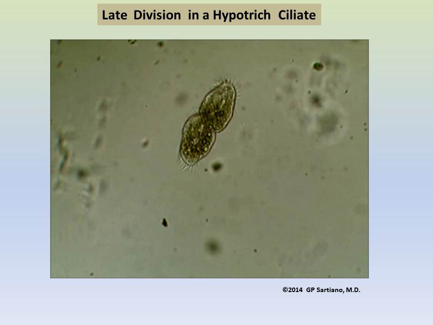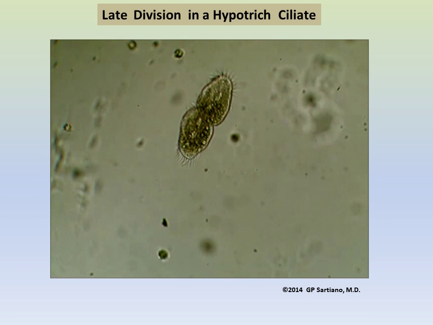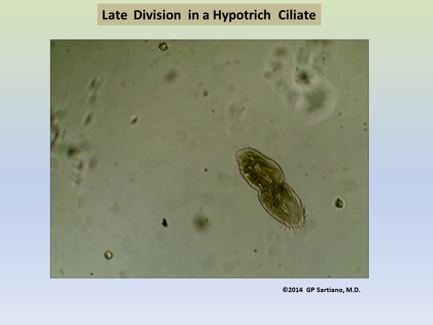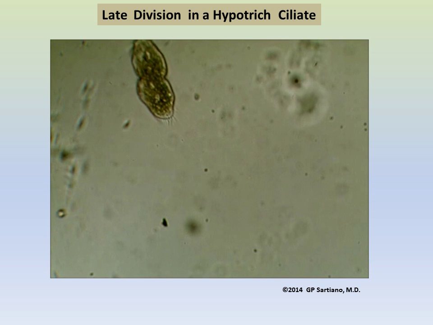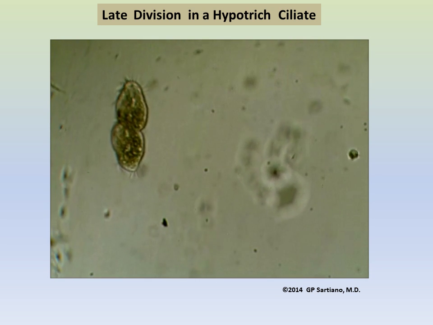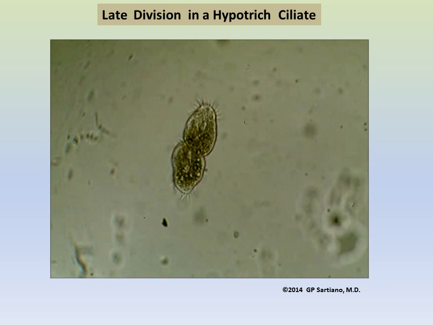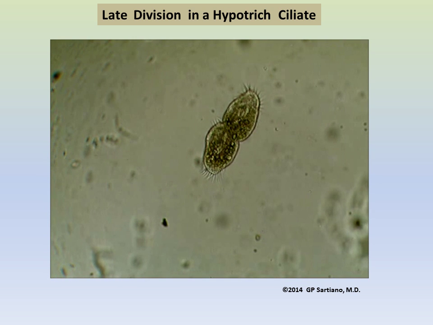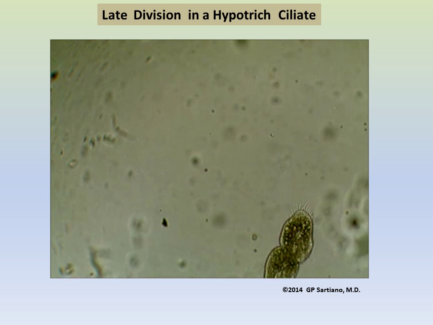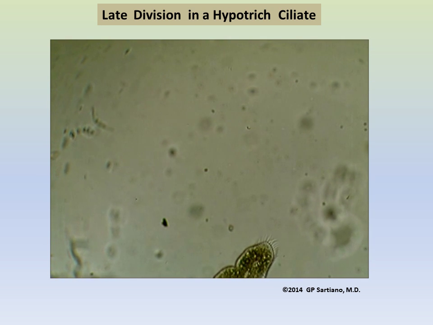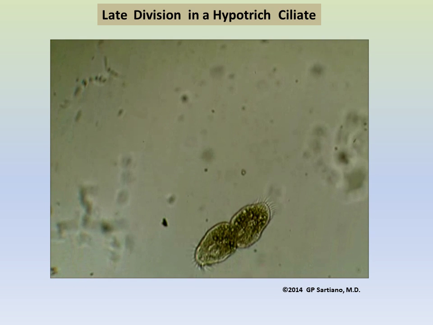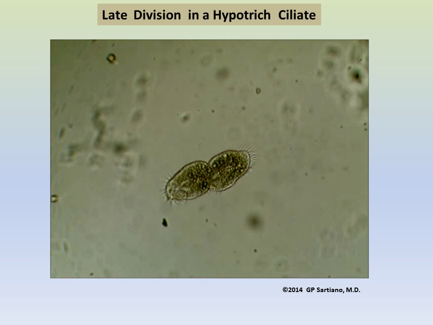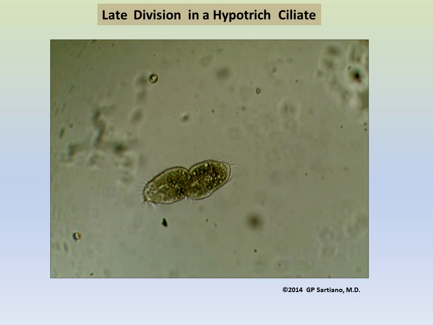The anterior end of the posterior forming organism is connected to the posterior end of the parent cell. Therefore, the last major organelles to be constructed will be the cirri of the posterior organism, particularly the collar.